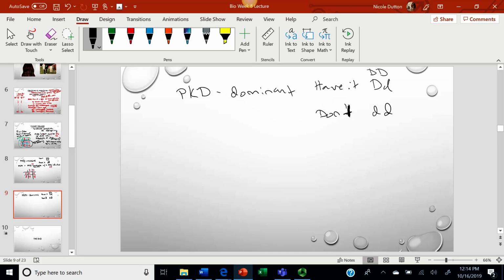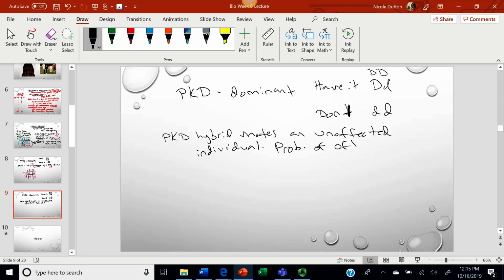So now we have a PKD hybrid. This means that they have the disease because this is now dominantly inherited, and they're a hybrid, which means that they have a big D, a little d.